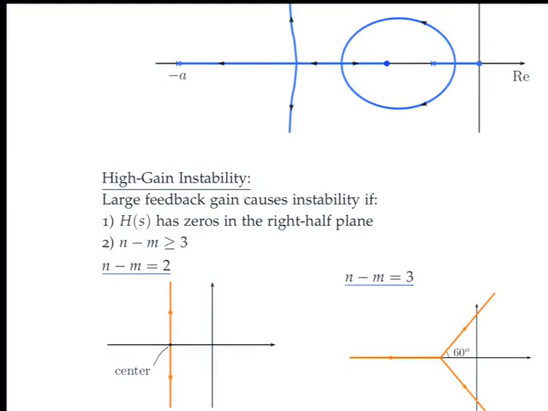Because they'll break away, they'll go to infinity vertically. But still, even though stability is preserved, you should still worry, because what happens as you increase the gain? The damping is worse and worse, right? You have imaginary parts that are really large, and those will give you huge overshoots in your step response. You don't want that, right? So already when n minus m is equal to 2, high gain is not free. It has drawbacks.